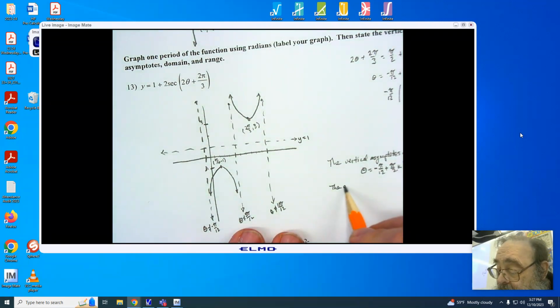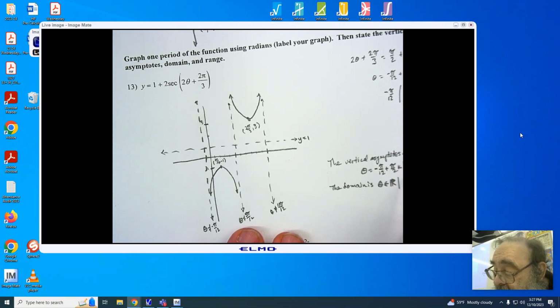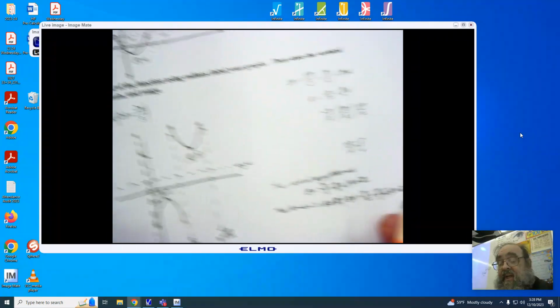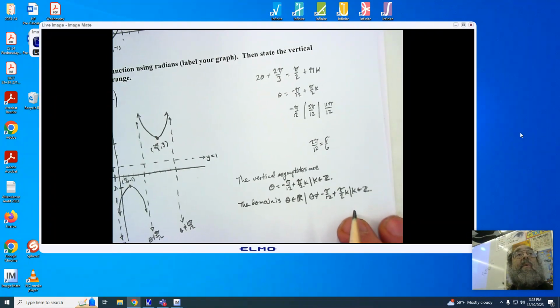The domain is theta is an element of the real number set, double-barred R, such that theta cannot equal negative pi over 12 plus pi over 2k, such that k is an element of the integer set. Make sure you see that. That's my answer right there.